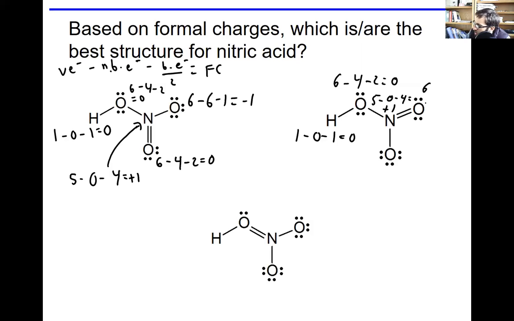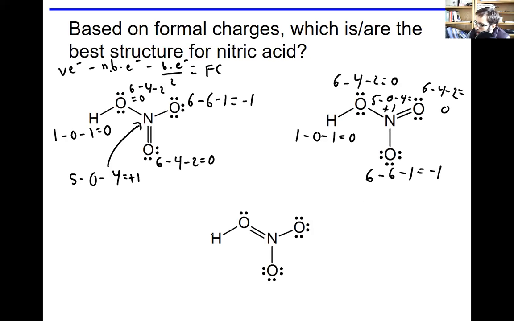Oxygen has 6 valence electrons, 4 non-bonding, and 2 bonds, so that's going to be 0. And oxygen here has 6 valence electrons, 6 non-bonding, and 1 bond, so that's -1. And again, 0 plus 0 plus 0 plus +1 plus -1 equals 0.